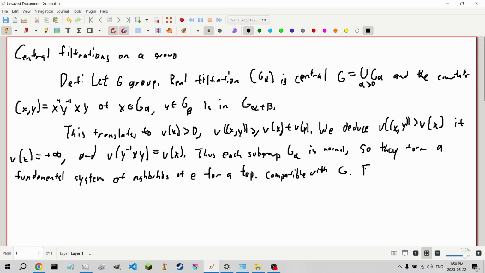And for the rest of this chapter, we're going to assume that our group has a central filtration G alpha.